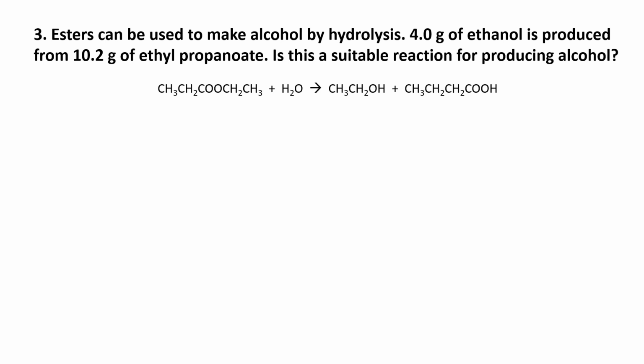Our first step would be to calculate atom economy. To do this, I'm going to quickly rewrite these formula as molecular formula, as this will make calculating the gram formula mass easier.